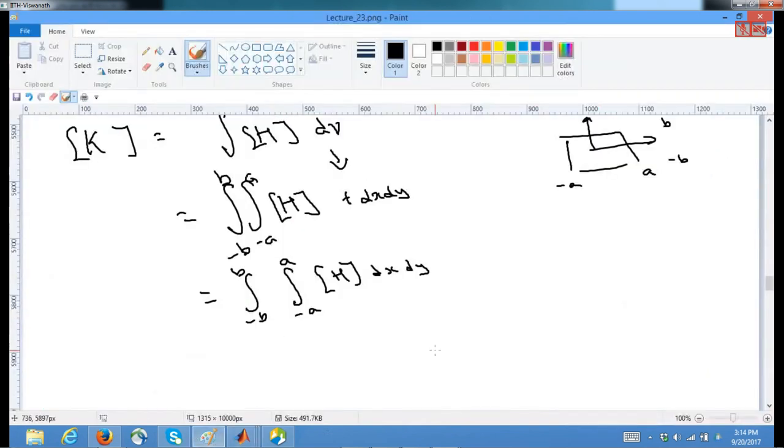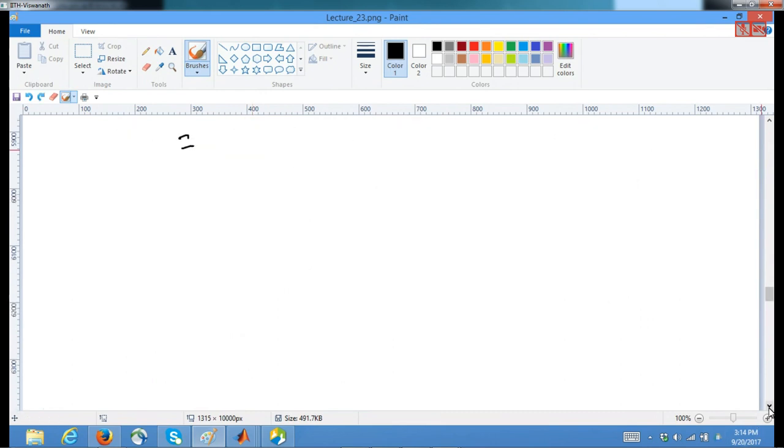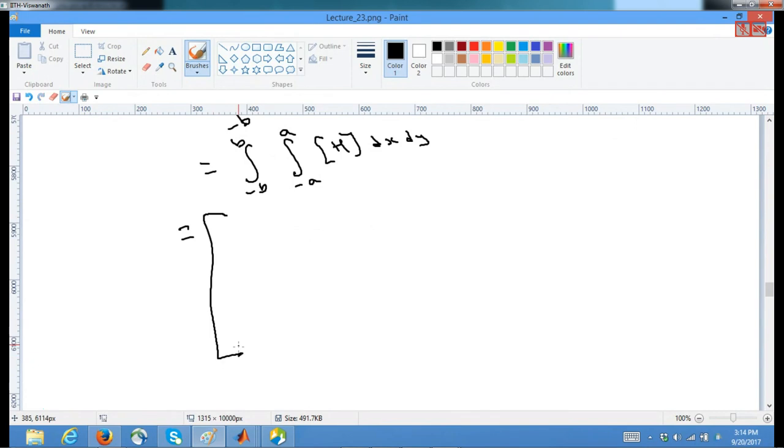So when you are writing it here, this is h11 dx dy, h12.